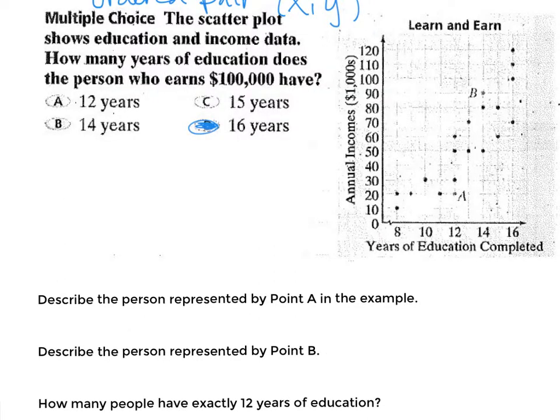The next question says, describe the person represented by point A in the example. Here is point A. The way to describe it is in terms of your X and Y. What is happening for your X value and your Y value?